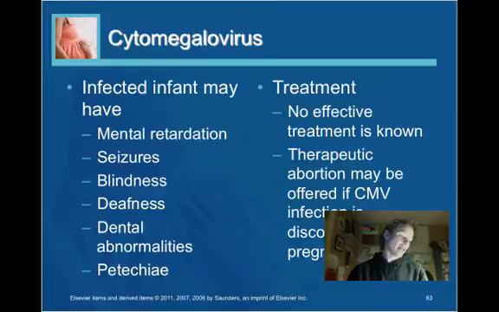The infected infant, however, can have significant sequelae: mental retardation, seizures, blindness, deafness, dental abnormalities, and petechiae, which are those small ruptured capillaries that you can see on the skin surface. There is no effective treatment known, so preventing, if at all possible, is the best measure. A therapeutic abortion may be offered if cytomegalovirus infection is discovered in early pregnancy.